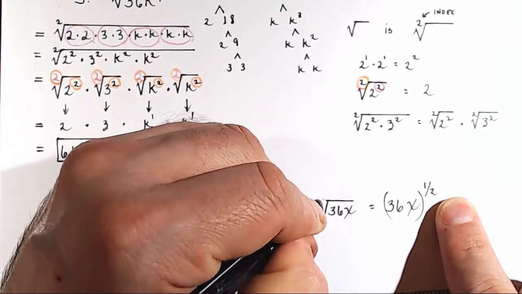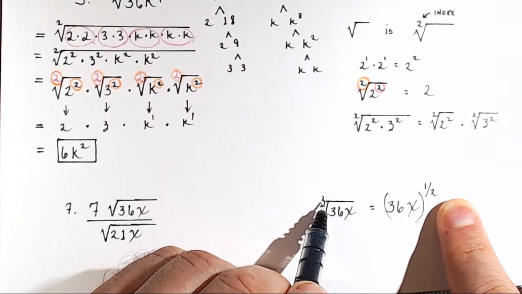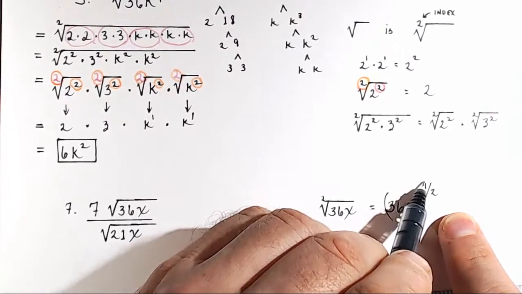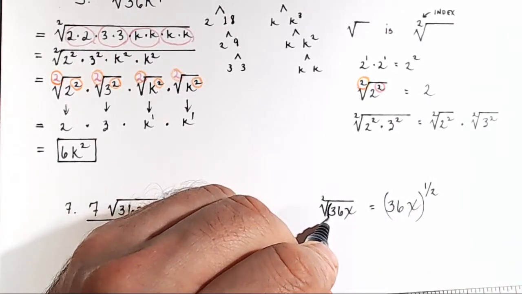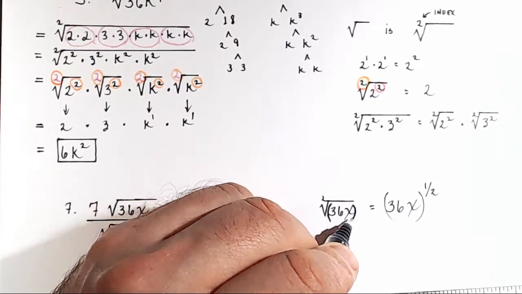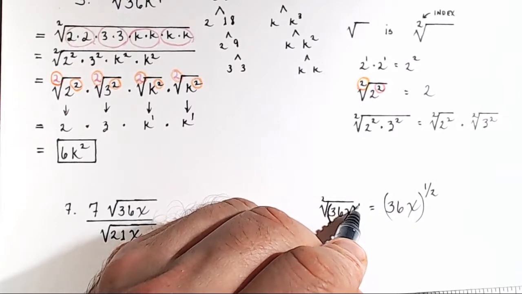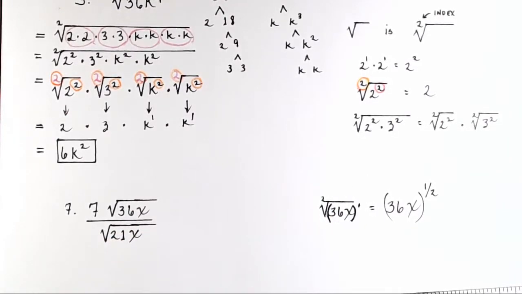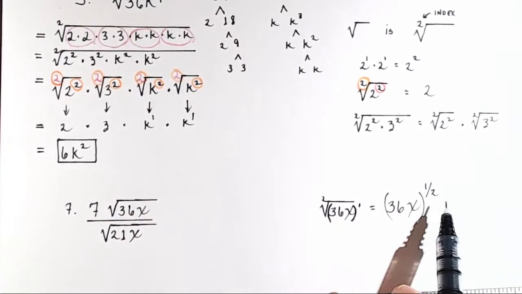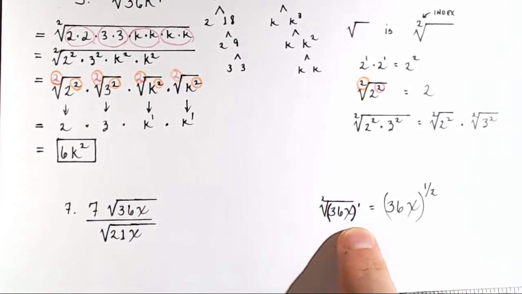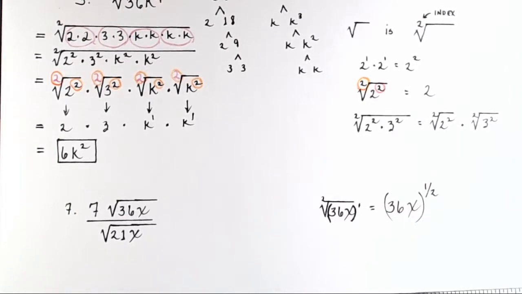This 2 comes from the index, and this was a little 2 here. And the 1 comes from the fact that this radicand, or the stuff underneath the square root, is all just raised to the first power. Okay, so the 1 comes from there, and the 2 comes from there. So that's how the square root of 36x can be rewritten as 36x to the 1/2.